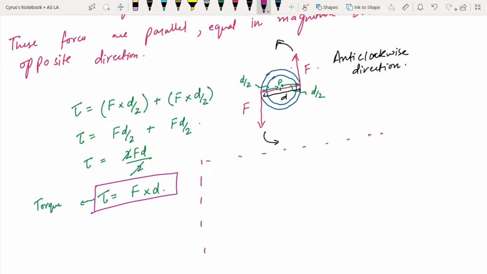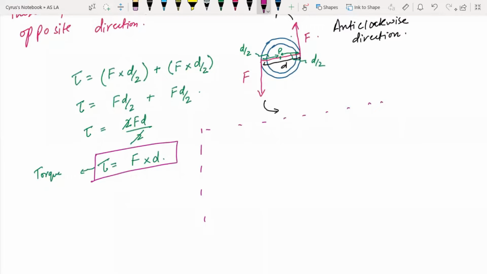इसका एक और तरीका ये है कि आपके पास यहां पे you have something of this sort, and one of the forces is acting here and one of the forces is acting here. अच्छा, ये अब आप पिवट यहां ले लेते हैं.